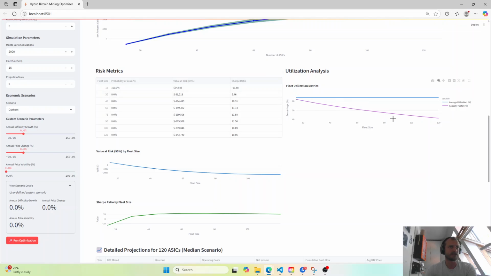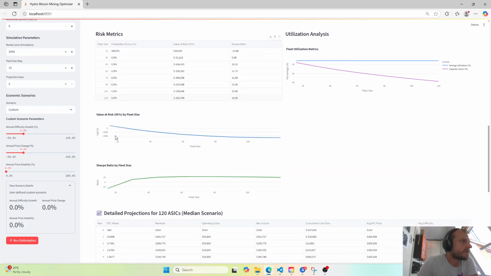This is just another way of showing the utilization rate of the machine. So 120 machines will be 41% utilized.